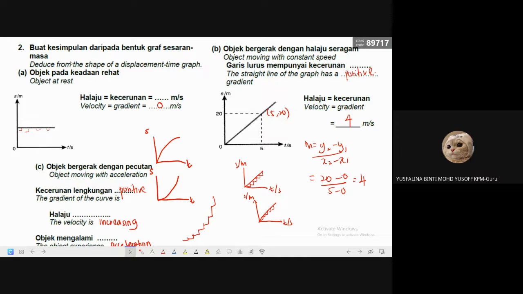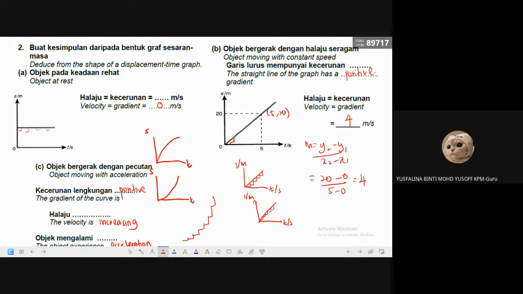I said just now, you need to find the gradient. If you want to know what type of motion, find the gradient. How to find the gradient? Draw the triangle. You don't need to find the value or do the calculation. You can just draw simply like this.